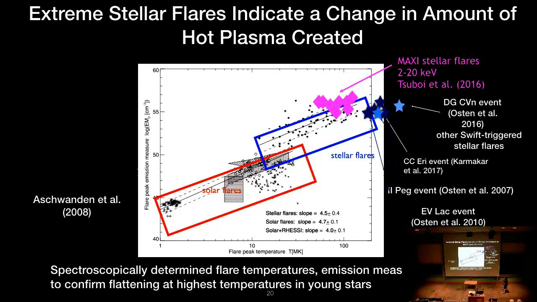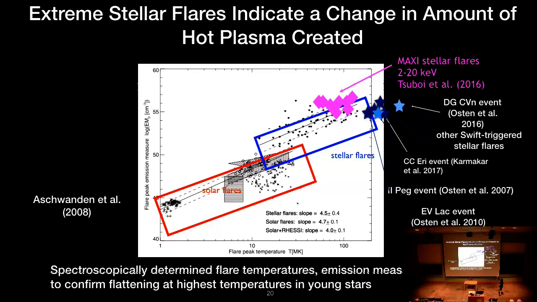Now, there's a scaling relation that's shown here between the flare peak temperature and what's called the peak emission measure. That's the amount of material that's involved in the flare. For solar flares, there's a nice power law relationship here. And for a sort of heterogeneous collection of stellar flares, there's the same scale.